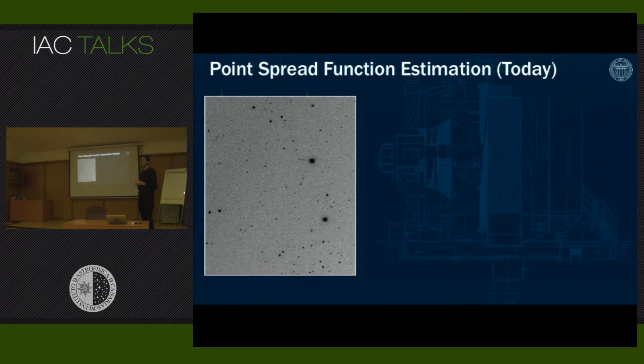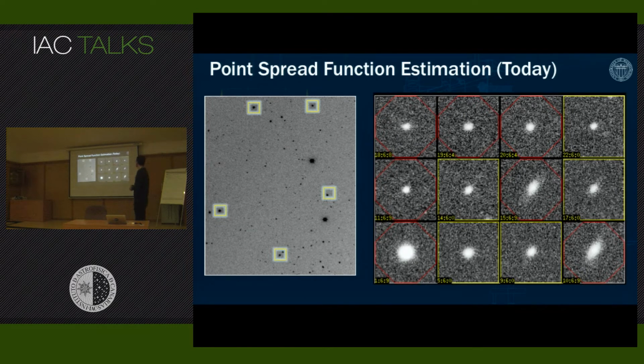Those are bright stars. So we find bright stars, or our software finds the bright stars. And then if you zoom in on those bright stars, or I should say bright objects, you try to detect which ones of them are extended because of just the point spread function, and which ones are actually likely to be extended by themselves because they're galaxies.